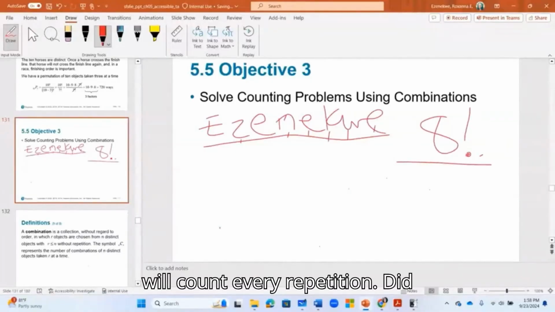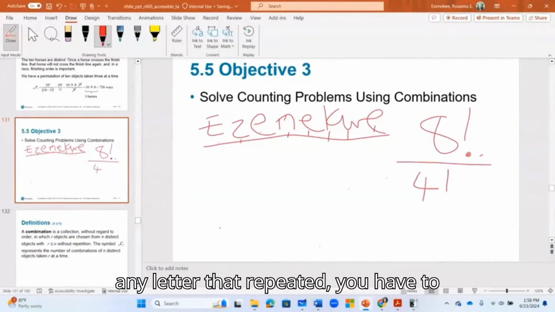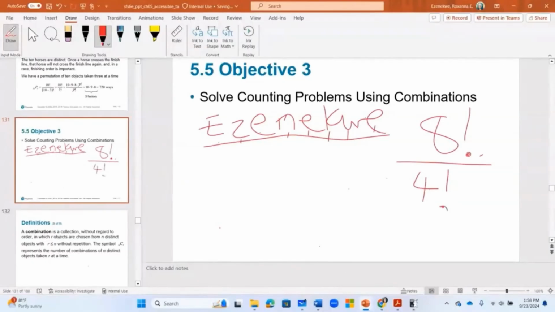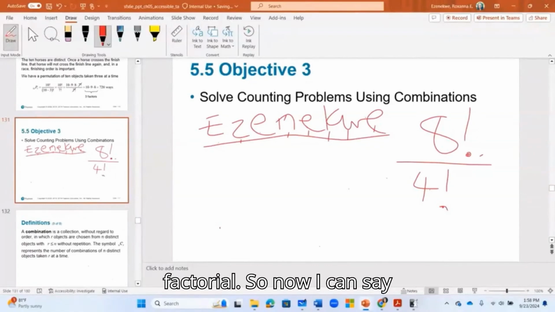I will count every repetition. Did any letter repeat? Yes, E repeated 1, 2, 3, 4. Any letter that repeated, you have to divide by that factorial. If none of them repeats, just have 8 factorial.